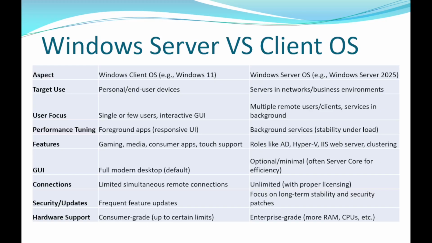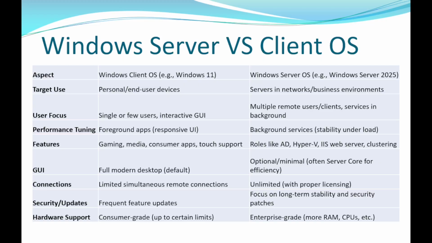The connection aspects: in the client, limited connections we can use. If we take a server edition, we have unlimited, with proper licensing we can take unlimited remote connections. Security updates: frequent feature updates will come for a client operating system.